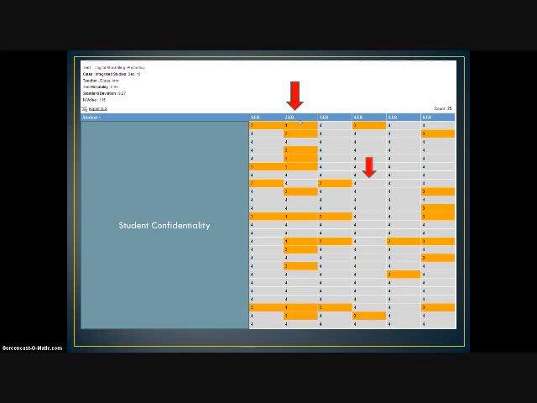The next thing that jumps out at me is Category 4. In Category 4, we had all 4s and only 2 areas that are orange, and they were both 3s. This tells me that whatever strategies this teacher used to teach Category 4, she was on the right track.